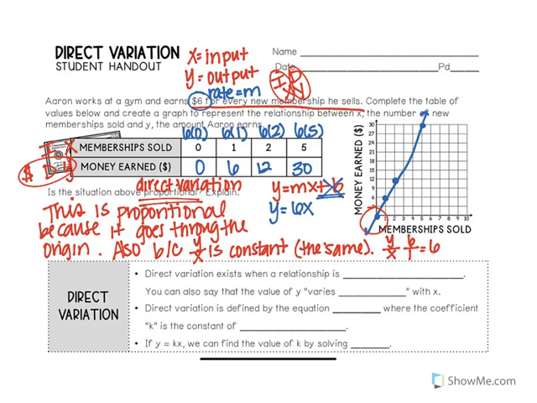Then I go to this next one, and y is 12, x is 2, and that simplifies to 6. The last one is y is 30, x is 5, and again that simplifies down to 6. So because it simplifies each time down to the same thing, we know that it is proportional. With direct variation, it exists when a relationship is proportional.